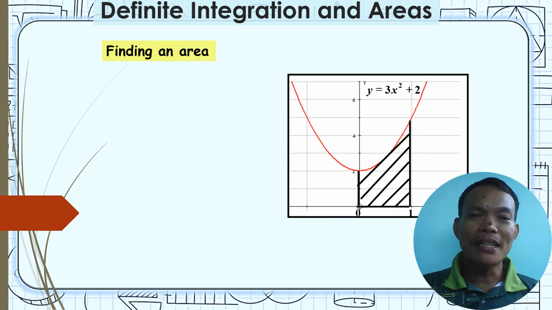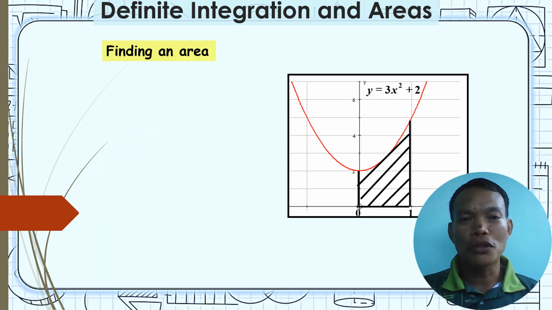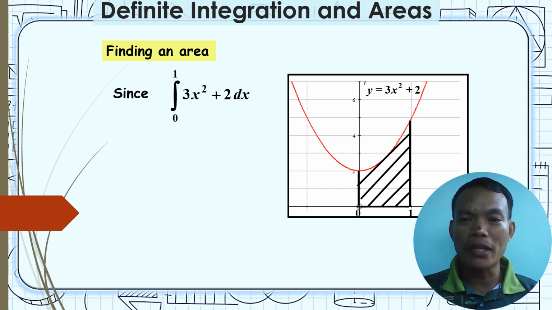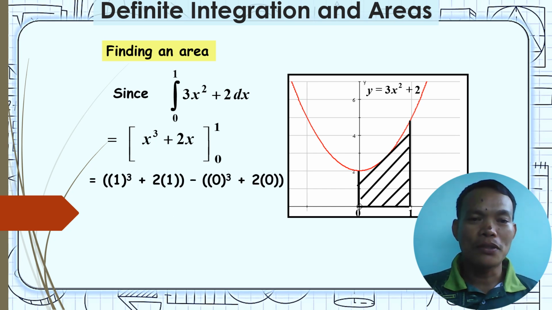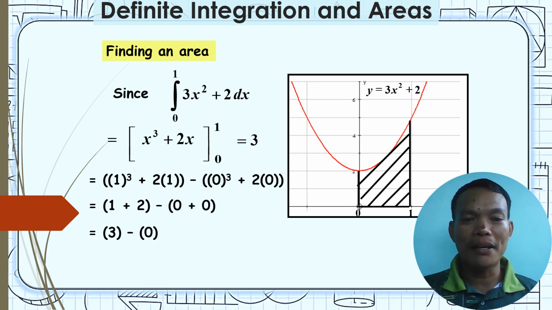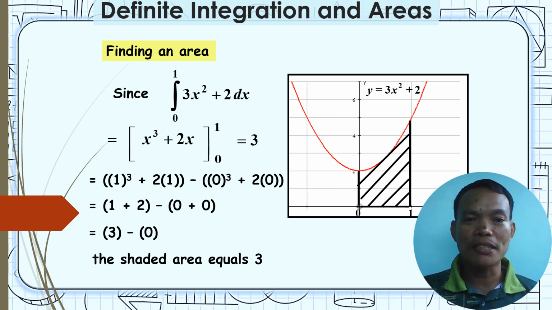To find the area of the function y equals 3x squared plus 2, we integrate 3x squared plus 2 dx with limits from 0 to 1, which is 3. Therefore, the area of the shaded region is equal to 3.